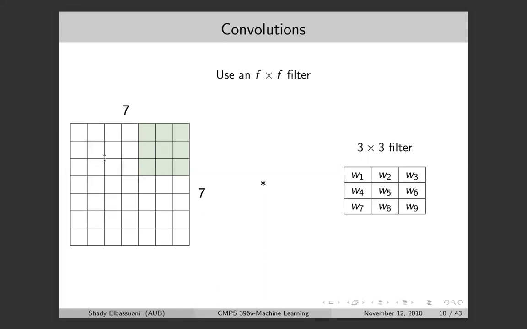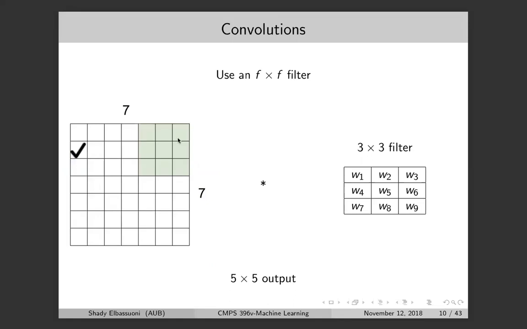What about the height? So I can go to the next set of pixels. I move the filter to here. I do these, so I start from here and go all the way 3 by 3. So that gives me a new value or a new convolution, and so on. So how many do I have?